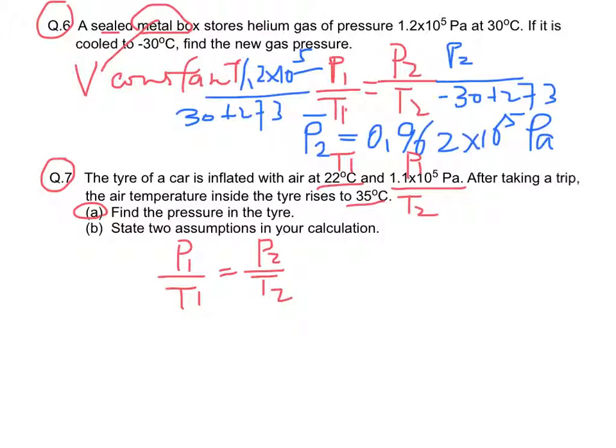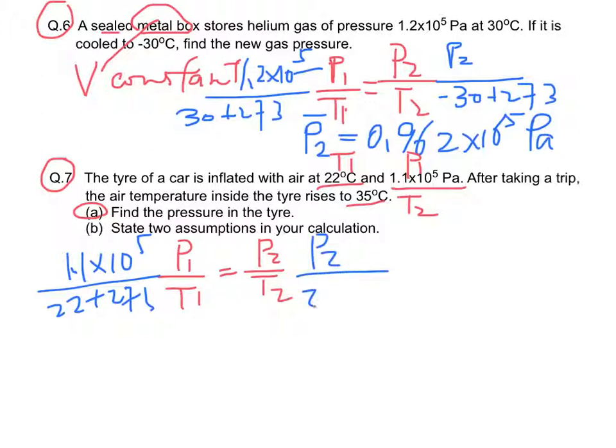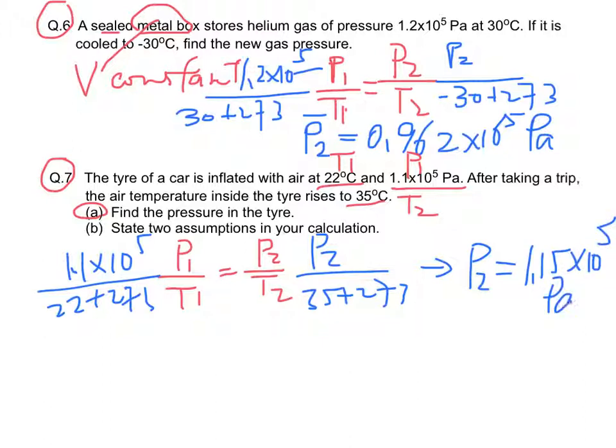Remember to convert the temperature into Kelvin, the absolute temperature. We have 1.1 times 10 to the power 5 over (22 plus 273) equal to P2 over (35 plus 273), implying that P2 equal to 1.15 times 10 to the power 5 Pascal.